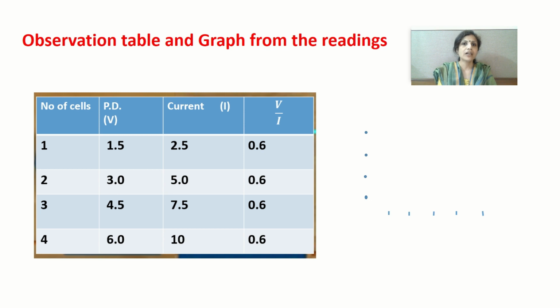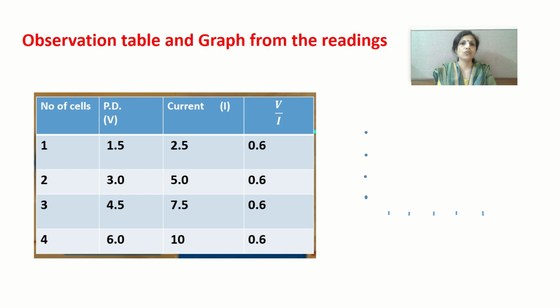Then when 3 cells were connected in the circuit, the potential difference is 4.5, and during that time the ammeter showed the reading as 7.5 ampere. If you take the ratio V upon I, again it is showing 0.6. And finally when we connected 4 cells in the circuit, the potential difference was 6 volt and the reading in the ammeter was 10 amperes.